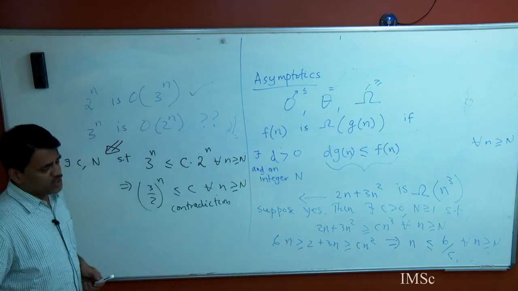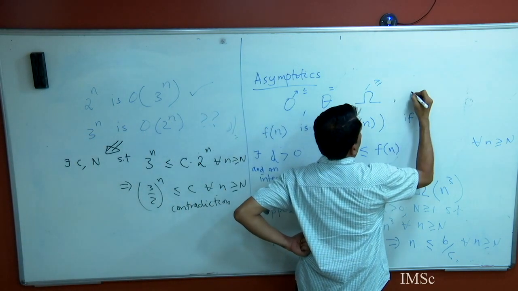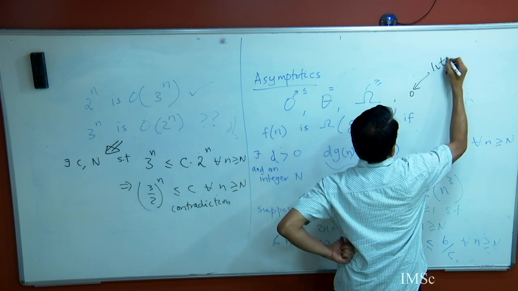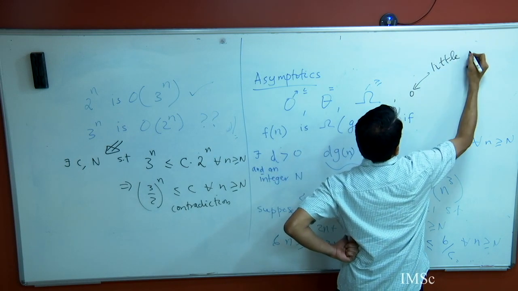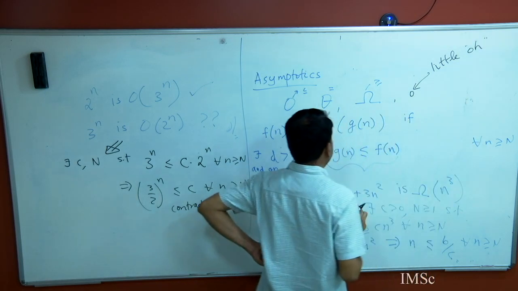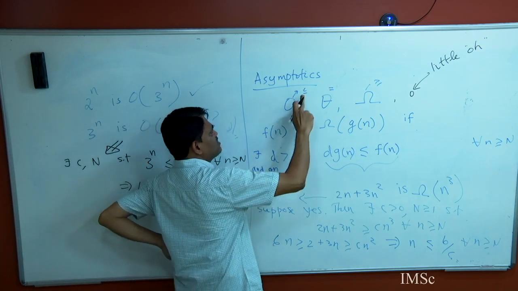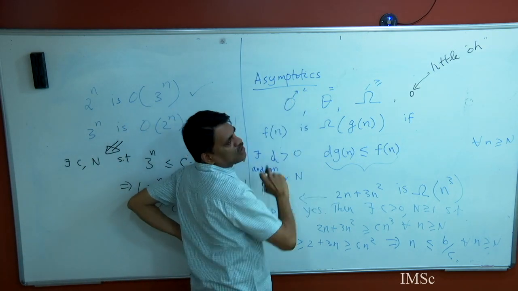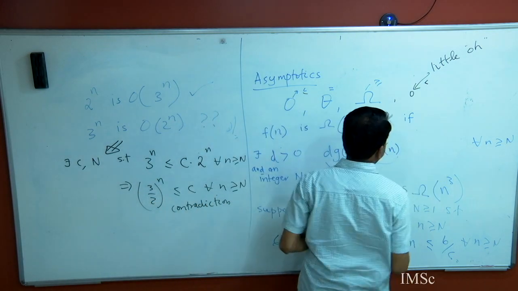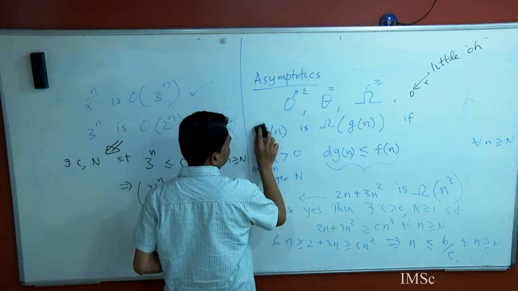So, a couple more notations, right? So, let's say I want to say big O, big, little o. What does little o mean? Basically, it has a flavor of strictly less than. So if I say this is less than, this is like a strictly less than. So, what does that mean?